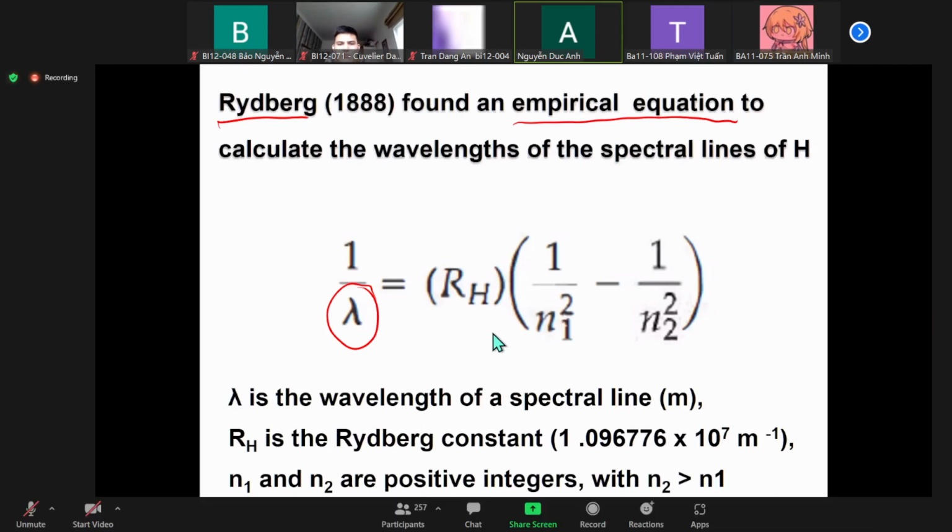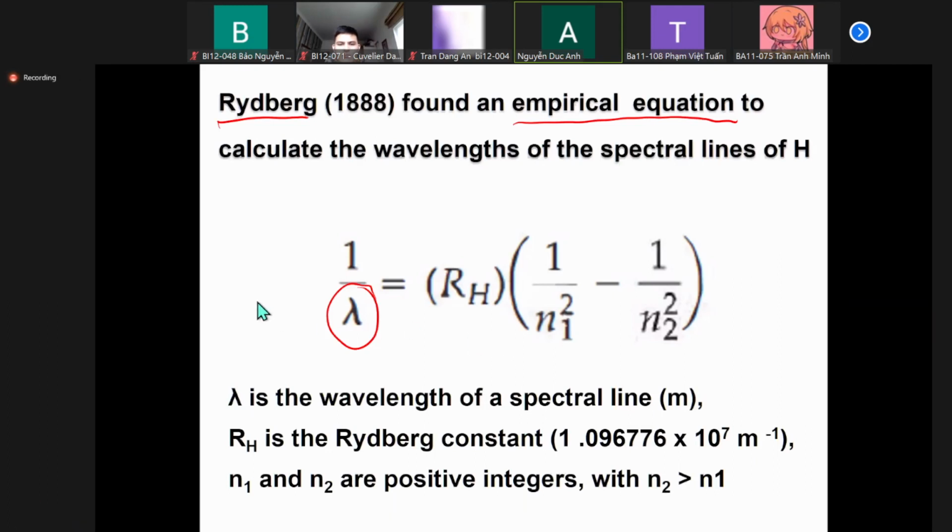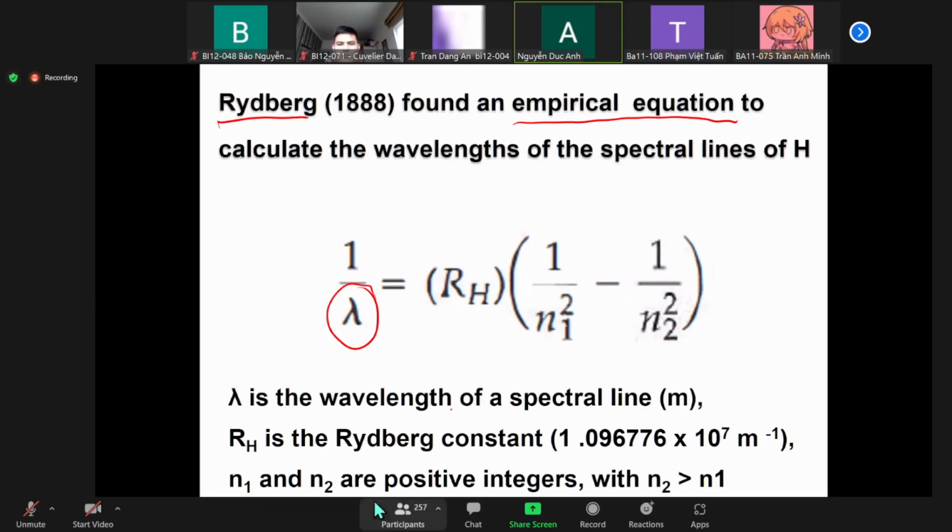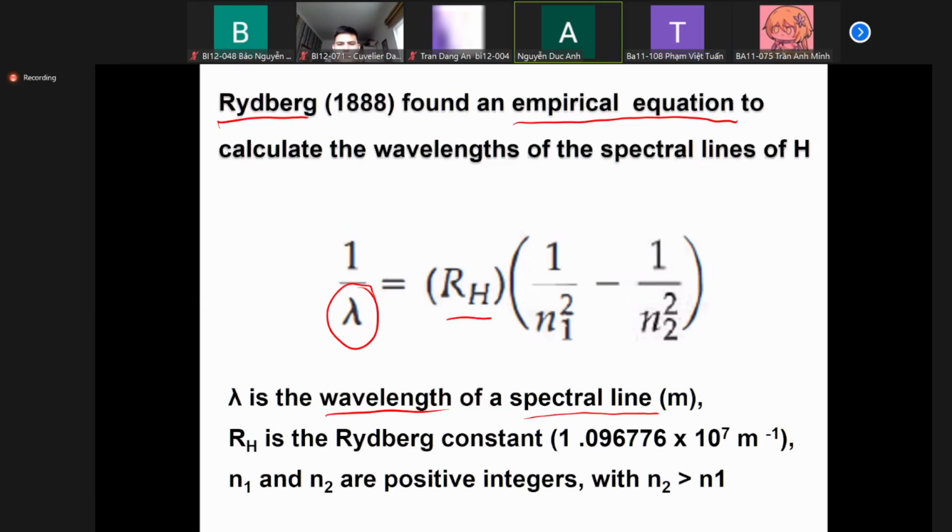Okay, it looks like your experience in doing something. So Rydberg gave you his own experience when he calculated the wavelength of the spectral lines of hydrogen. Okay, in this one, you will have lambda as the wavelength of the spectral line. RH here we call the Rydberg constant with the value like that.